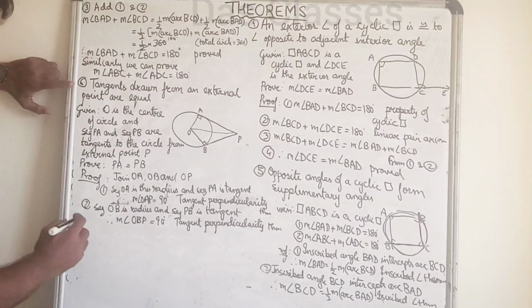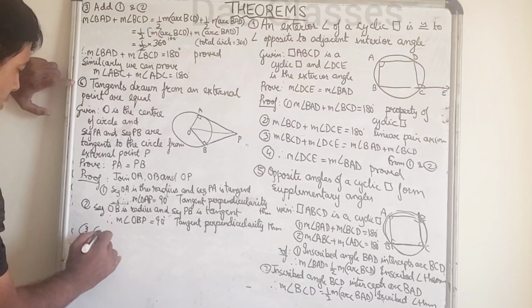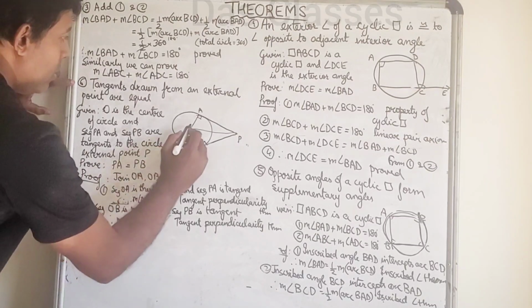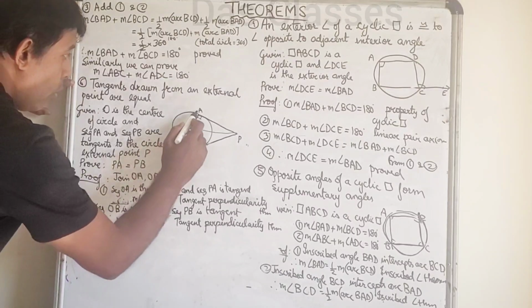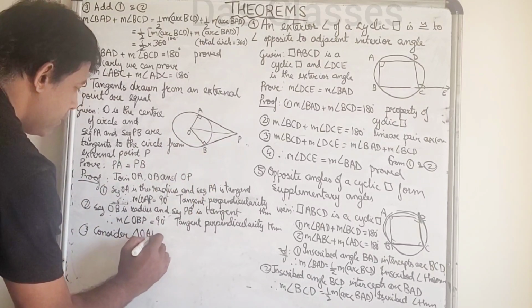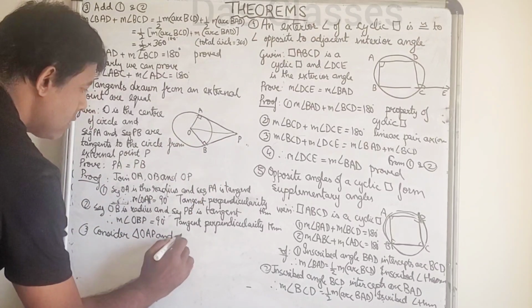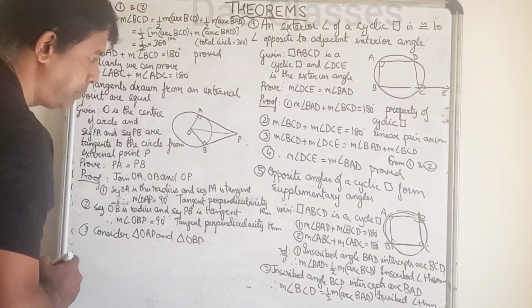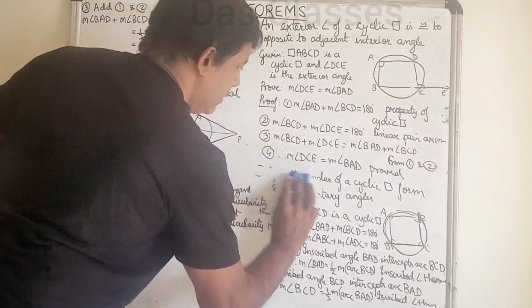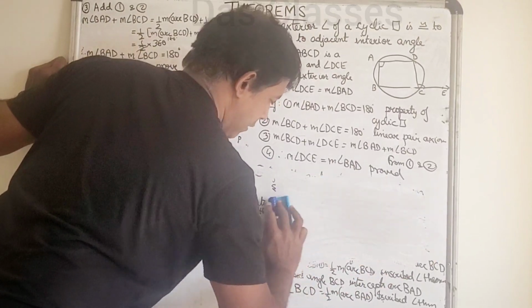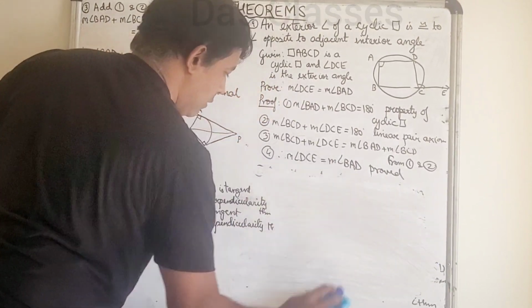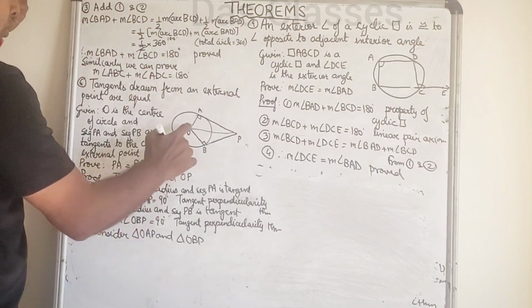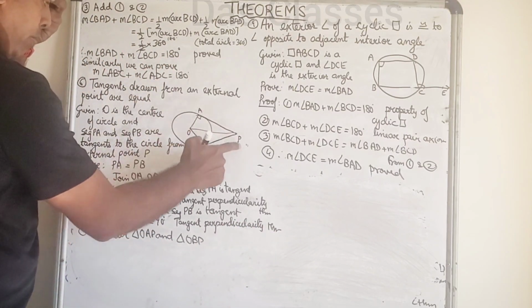Now let's consider triangle OAP and triangle OBP. Let's rub this off. Consider triangle OAP and OBP.